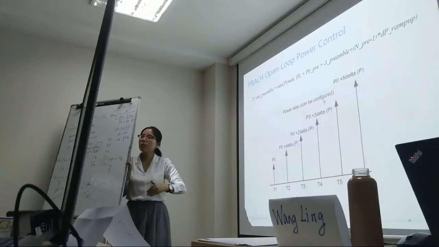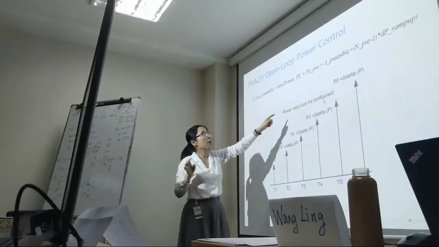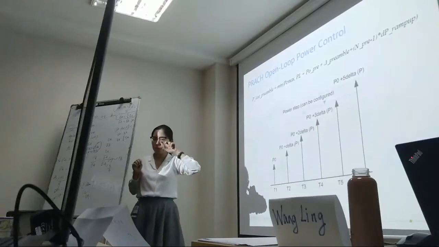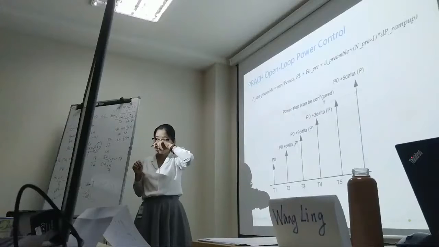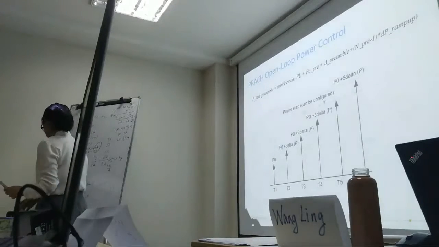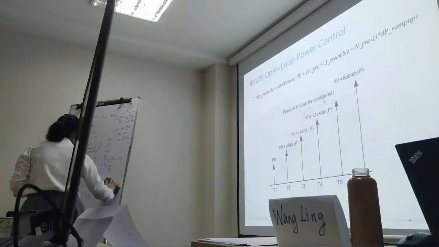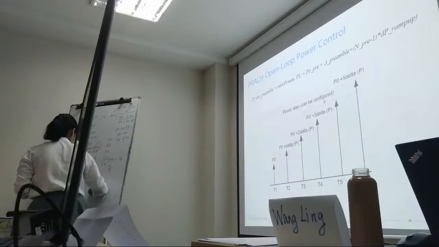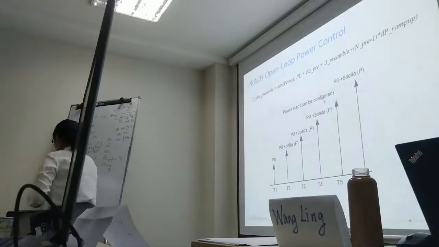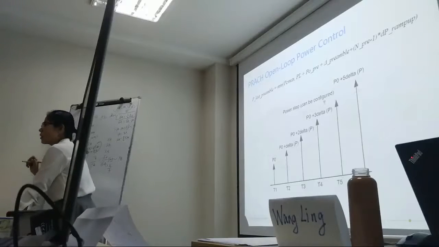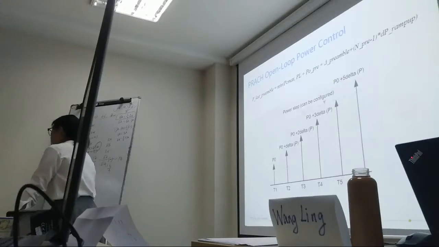So how does the UE know this path loss? The path loss is the transmit power minus the receive power.